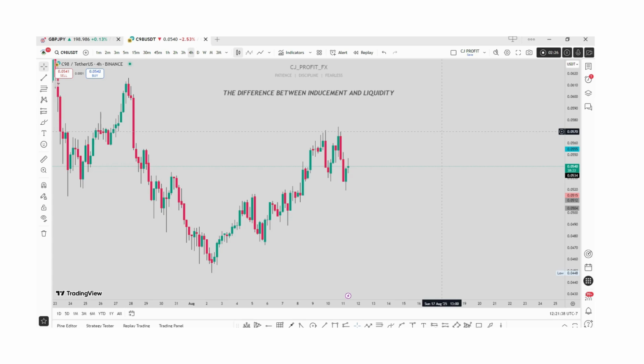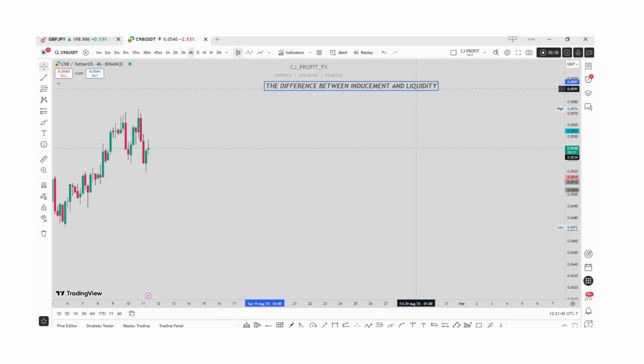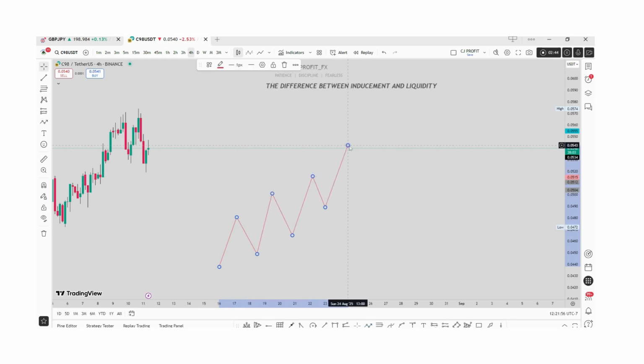So follow me step by step as I take you into the charts so you can see how this works. Okay, for instance, let's say we have a structure like this. At this structure, we all notice that this is an uptrend.